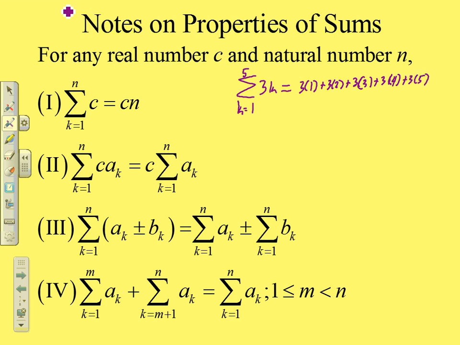Well, what we're seeing here is 3 is being multiplied to each of those numbers. Because 3 is being multiplied to each of those numbers, we can use the distributive property to take 3 out and just say in parentheses 1 plus 2 through 5.